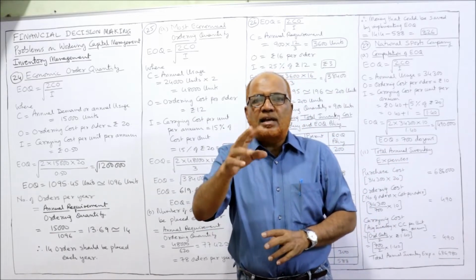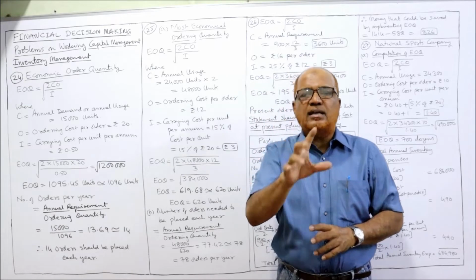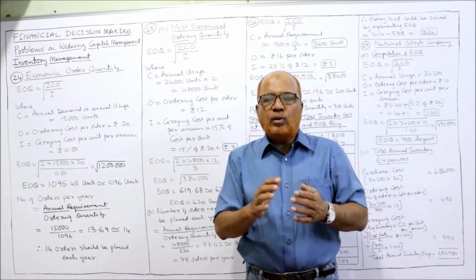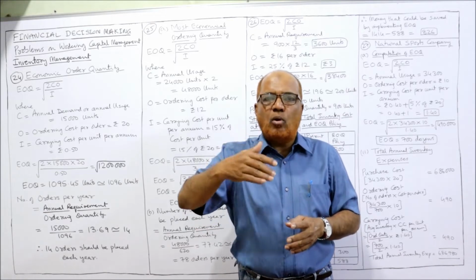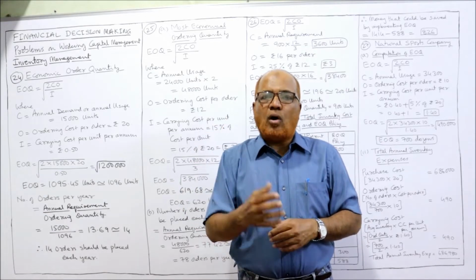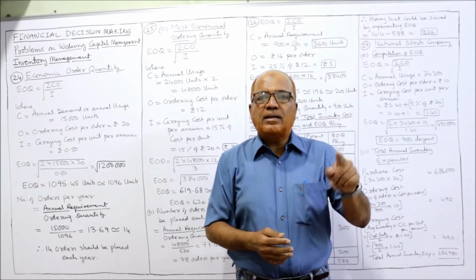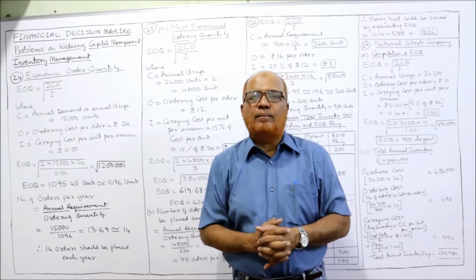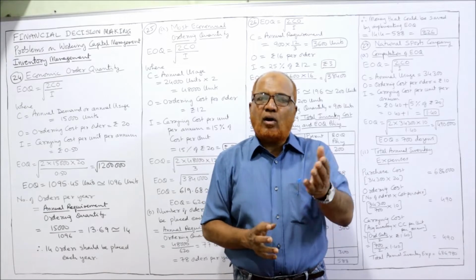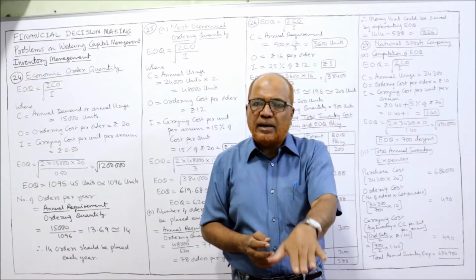There is an inverse relationship between ordering cost and carrying cost. If we place more orders, ordering cost will be more, but carrying cost will be less, because we are holding a small quantity of material. So when ordering cost is more, carrying cost will be less.